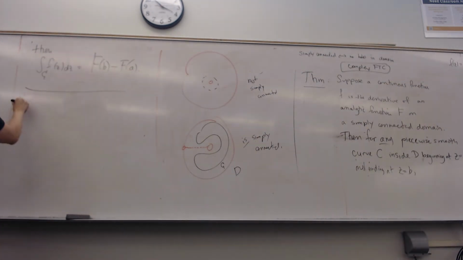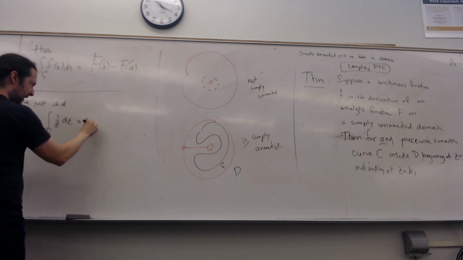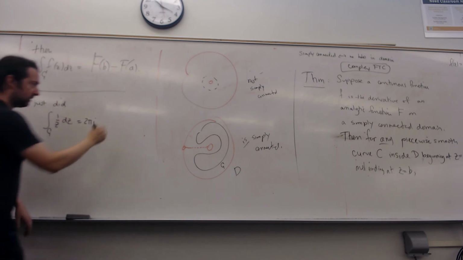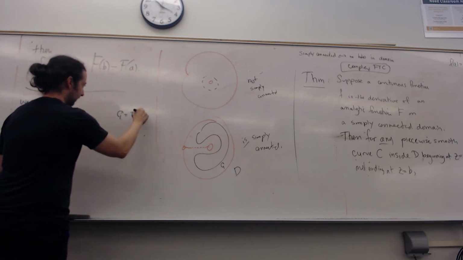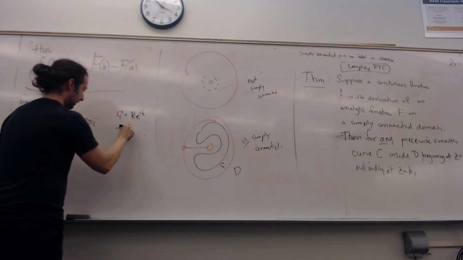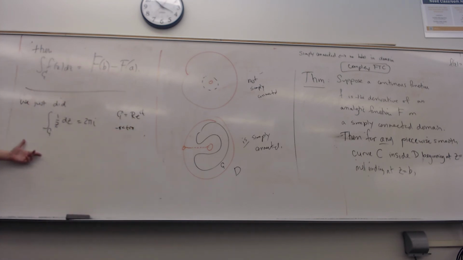We just did the integral over c of 1 over z dz, and we said that that was equal to 2 pi I on the parametrized curve for c, which was c equals r e to the it, where t went from minus pi to pi. That was easy to see why that happened, right? This was the parametric integration we just did. We put that function in here, we calculated it directly, everything canceled, we got 2 pi I.